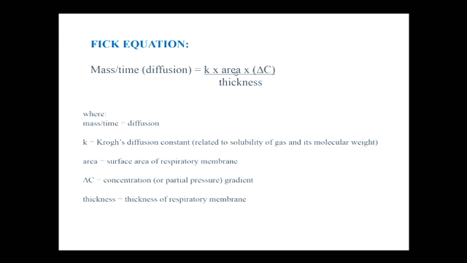The surface area, as we discussed ad nauseum previously. The bigger the surface area, the more rapid the rate of diffusion will be. Fairly straightforward. The concentration gradient, that's what delta C means, the concentration gradient. In this case, it's a partial pressure gradient. I'll talk about that in a minute. But the concentration gradient, as I just said 2 or 3 minutes ago, bigger the concentration gradient, the more diffusion will occur.